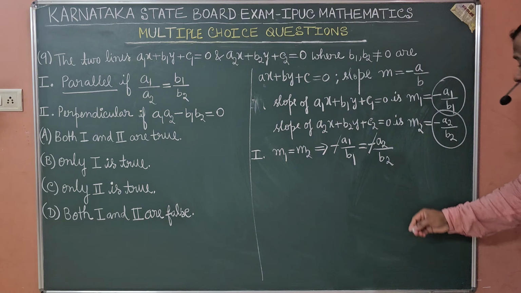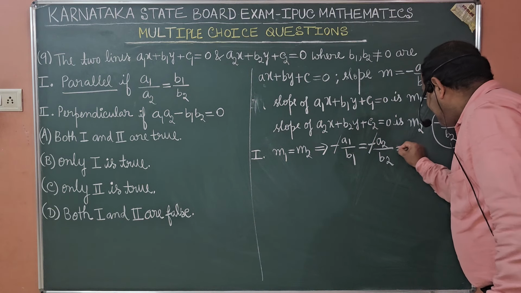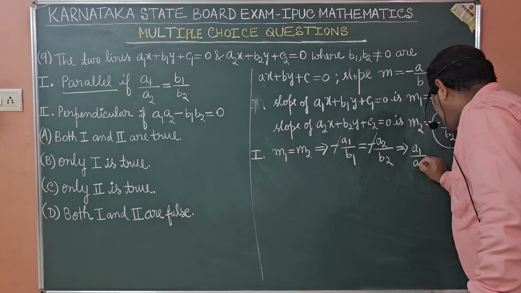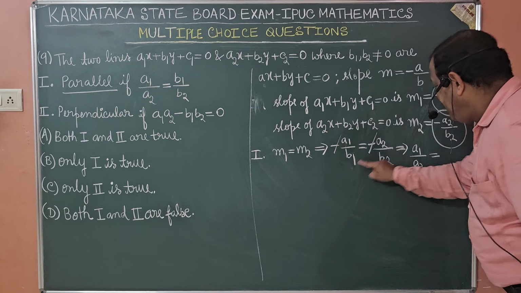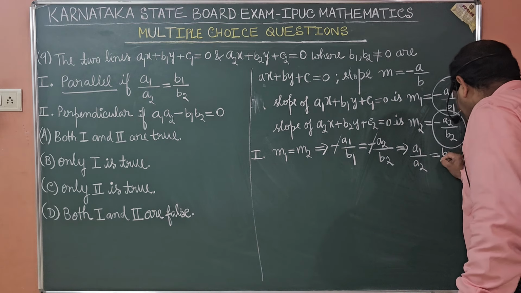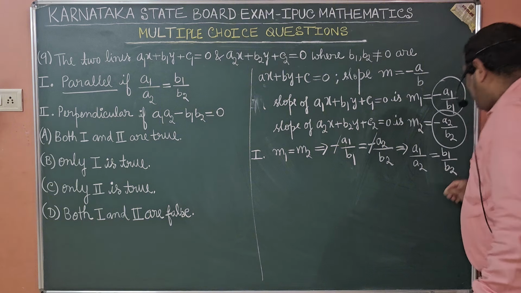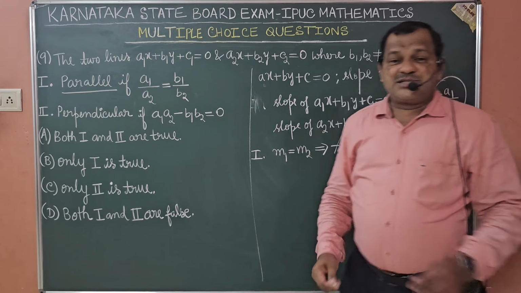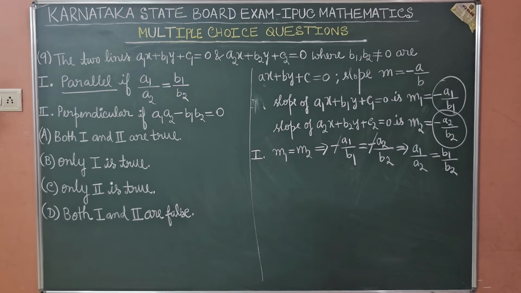By rearranging the terms, I get a1/a2 = b1/b2, with b1 coming to the numerator. And this is what is given in statement 1. So statement 1 is true.